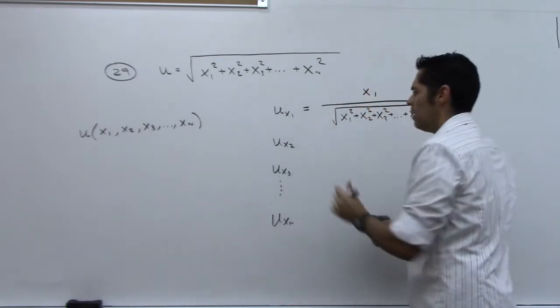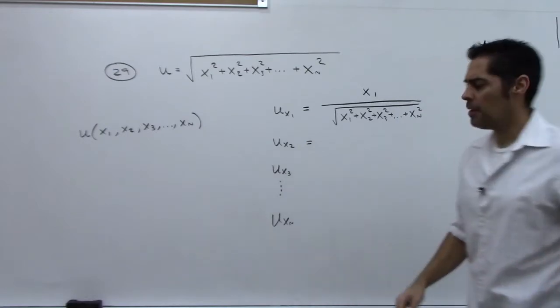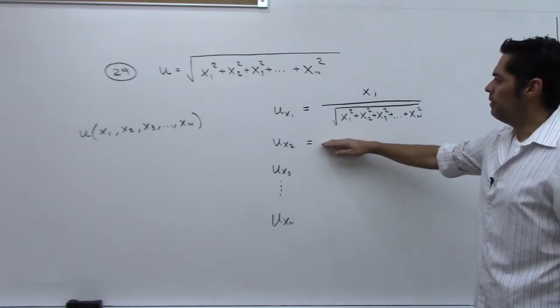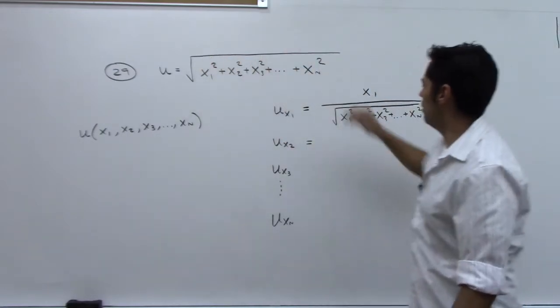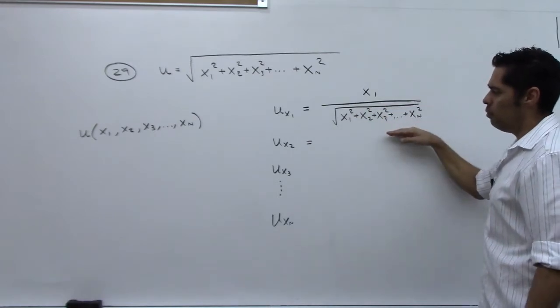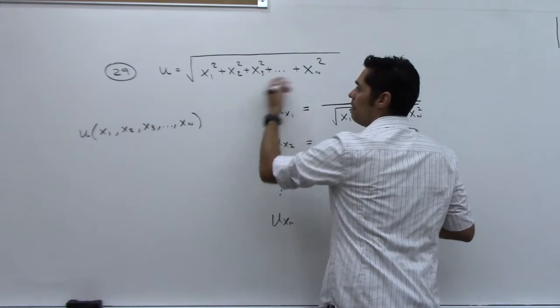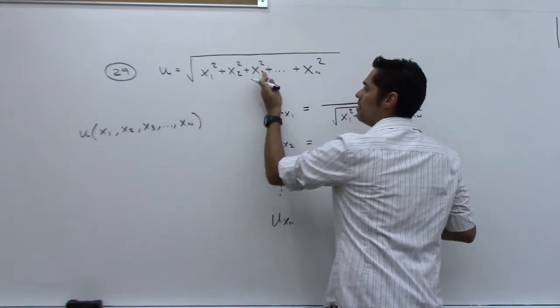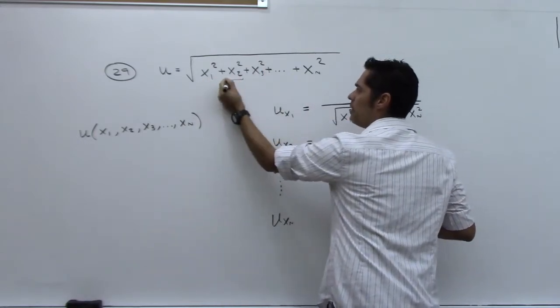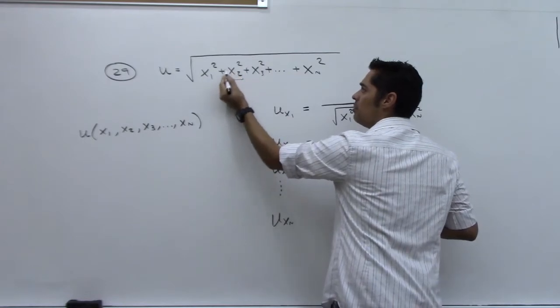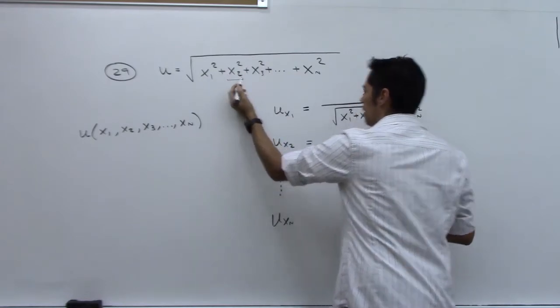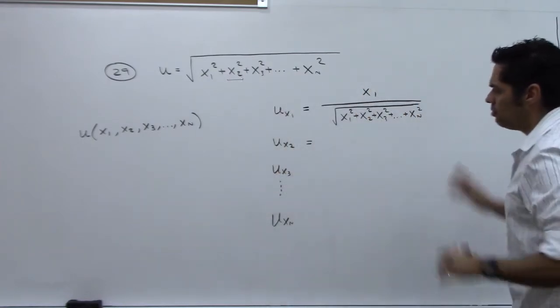Now let's think about what would happen if I try this for x sub 2. For x sub 2, the first thing you do is take the derivative of the square root, which is exactly the same as earlier, 1 over 2 times the root. Then you go in and take the derivative of the inside. That's a constant, this is a constant, everything after it's a constant. This one is the variable. The derivative of that is 2x sub 2. So then you get the same pattern, and the 2's cancel.